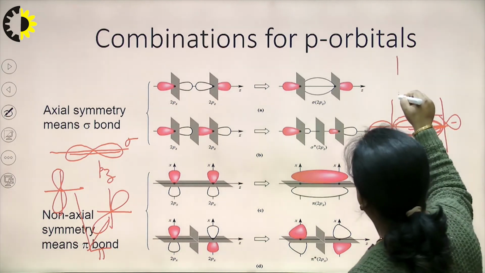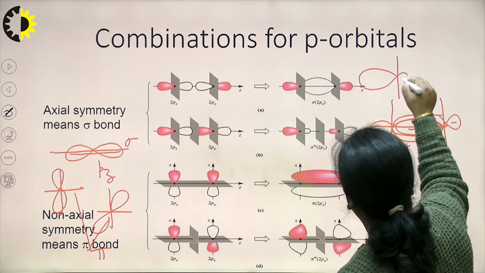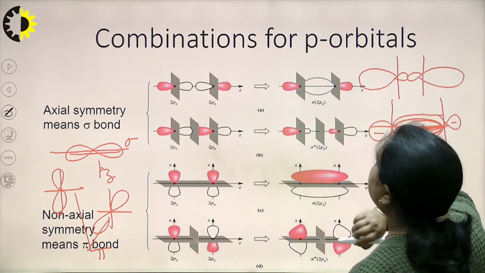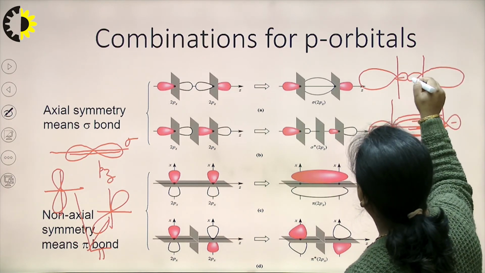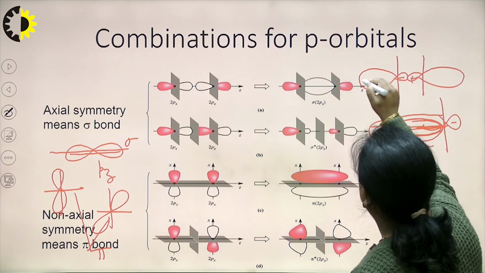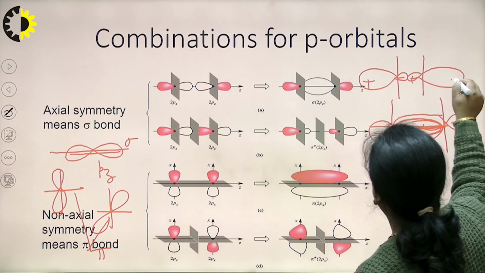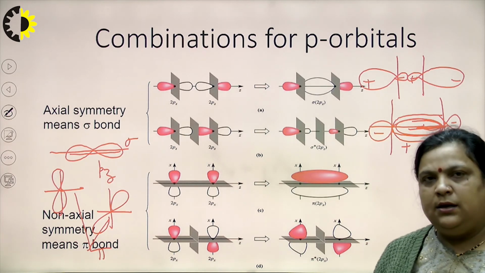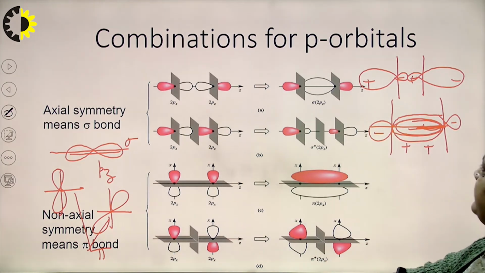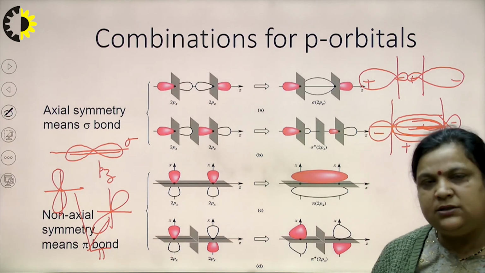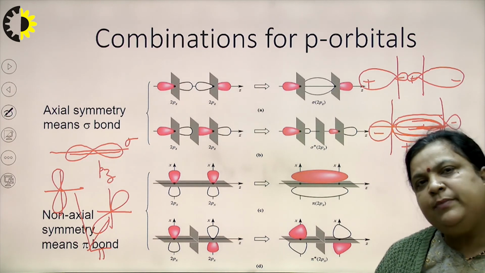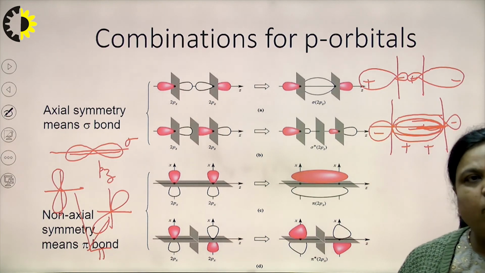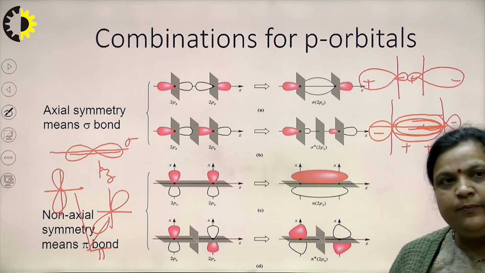In this case they repel, and repel means the electron density around the nuclei becomes 0. So, minus plus minus plus. Do not be confused by plus and minus: it is just a representation of electron densities, not a charge. Plus means electron density around the nuclei increases, and minus means it becomes 0.